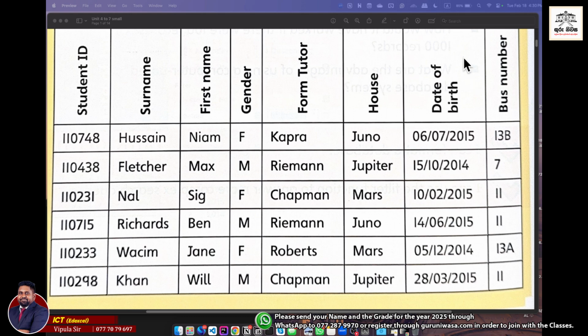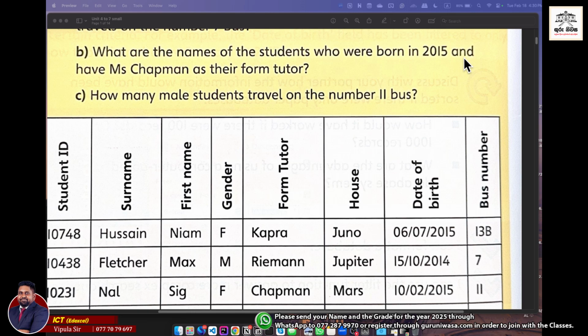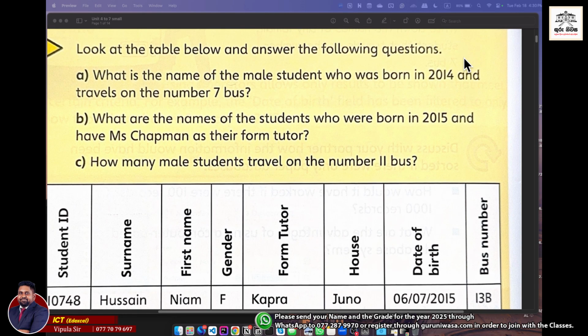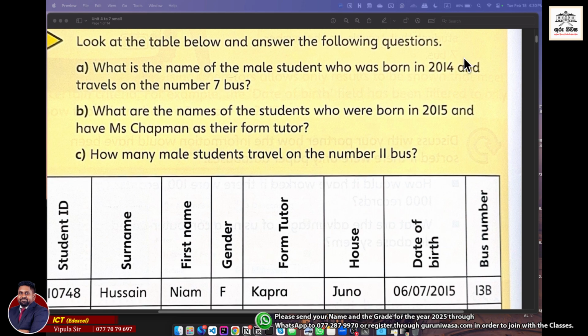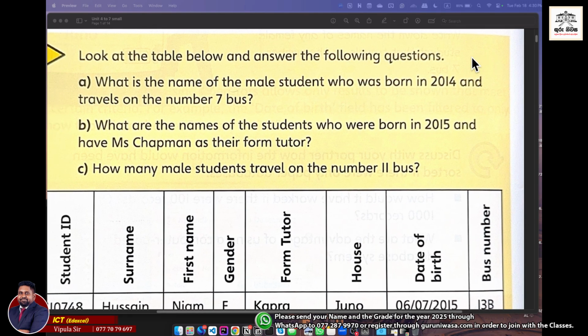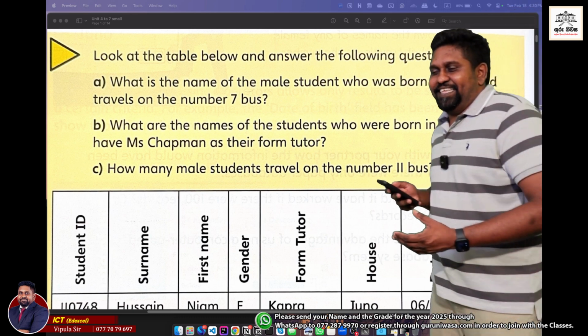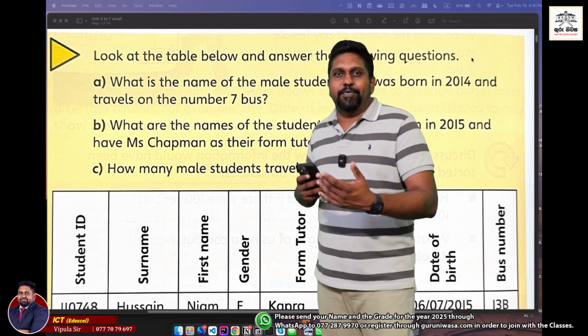Now let's go up and check the questions. Question number 1 is: what is the name of the male student who was born in 2014 and who is traveling on bus number 7? Now this is what we call making a query.